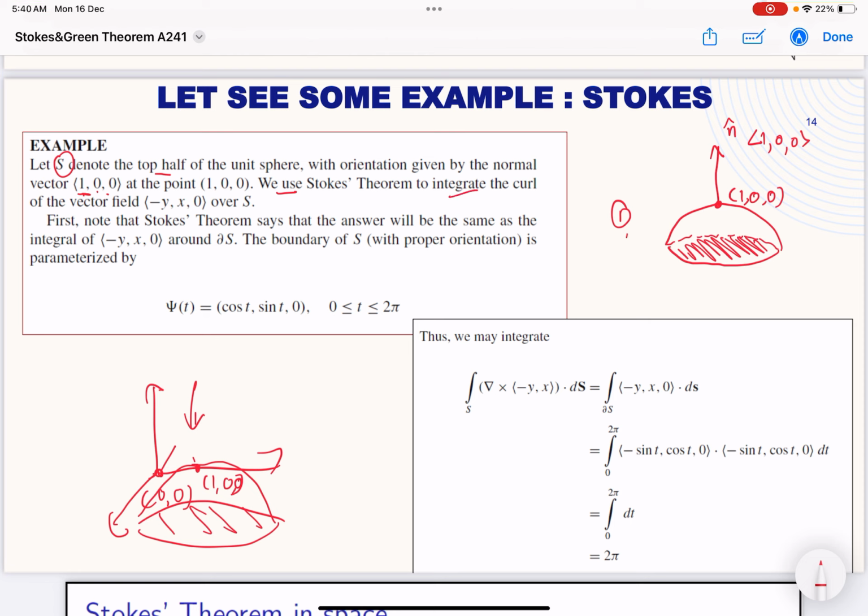Use Stokes theorem to integrate the curl of the vector field W over the domain of S. The domain itself is given as the top half of the unit sphere. Okay, and it's being parameterized.